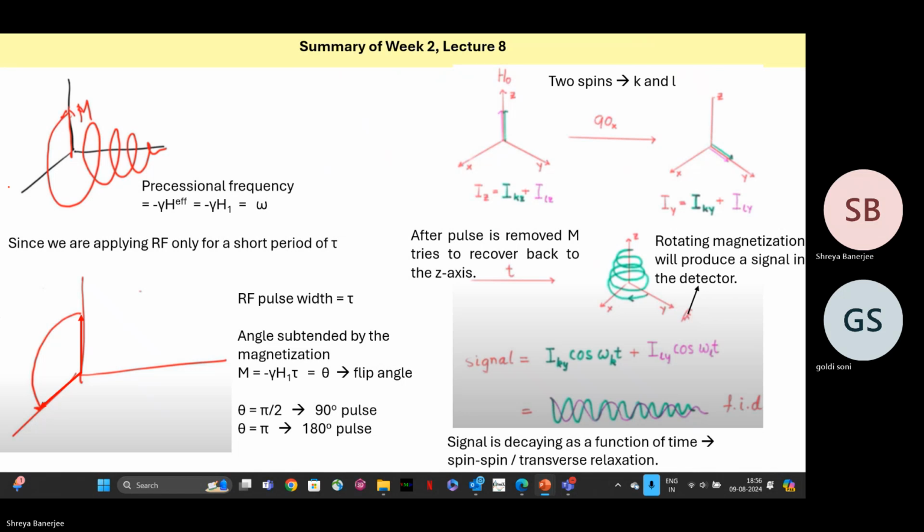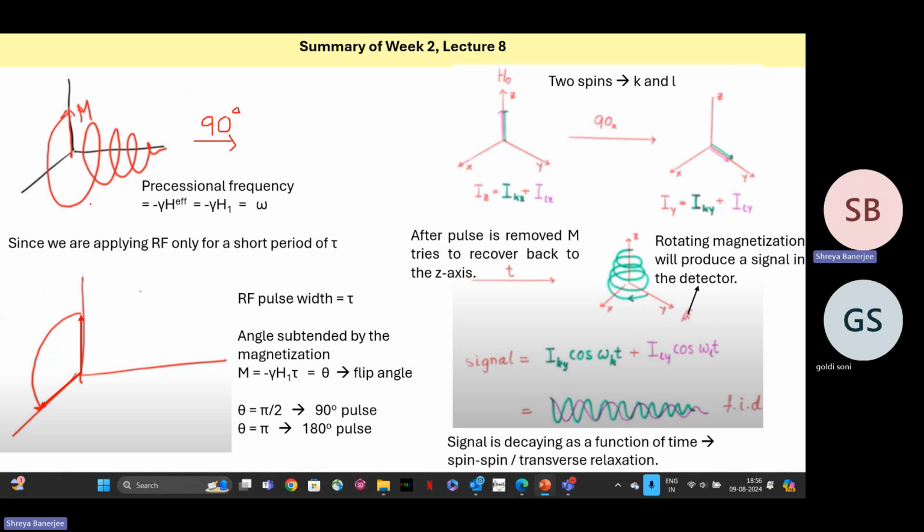So this is a better representation of that. Initially, the magnetization was completely along the z direction. Then we apply what is called a 90-degree pulse. What this will do is force the net magnetization M to come down to either the x or y axis, depending on whether the 90-degree pulse is applied along the x or y axis. But the process is not simply that it is up and suddenly it jumps to the xy axis.